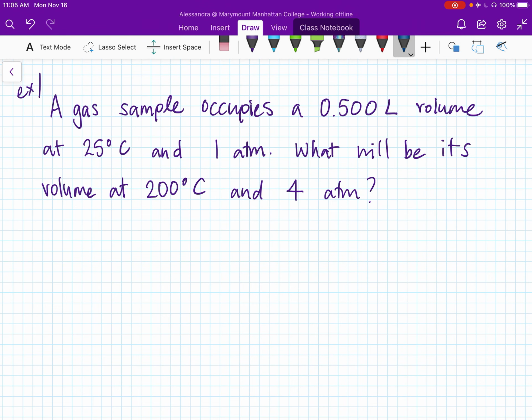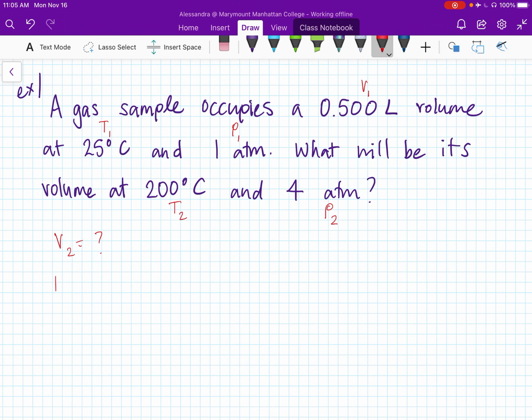I'm going to call this volume V1, this temperature T1, and this pressure P1. The 200 degrees Celsius will therefore be T2, and the 4 atmospheres will be P2. I need to figure out what V2 is. V2 is my question mark here.